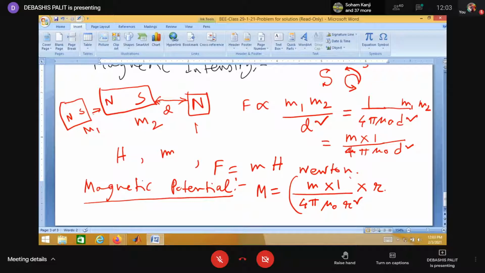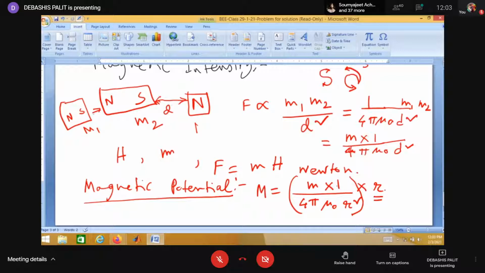So this is your force and this is your distance. Magnetic potential is the work done on a unit magnetic pole, where one is the pole strength.